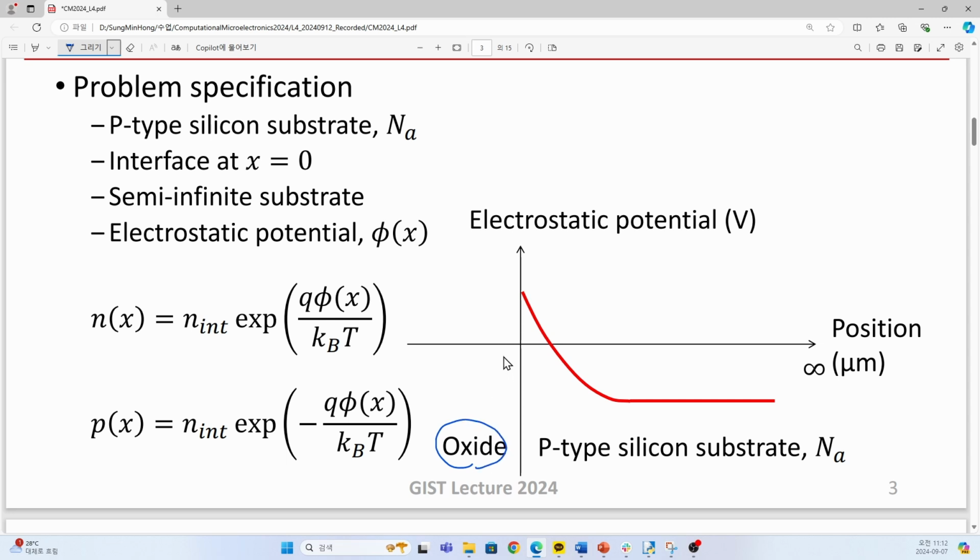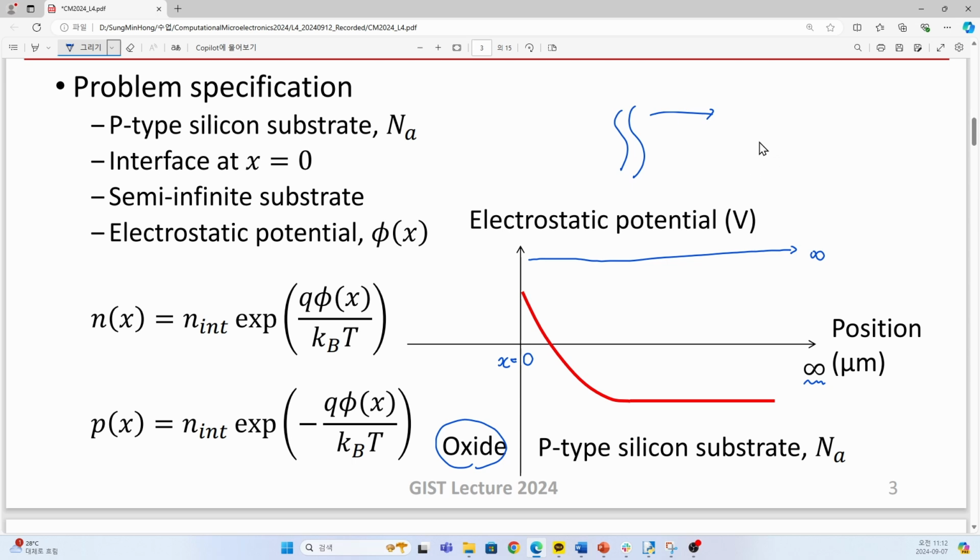Anyway, the interface between oxide and silicon is located at a position of x equal to 0, and p-type silicon is semi-infinitely long, so it goes to positive infinity, and beyond a certain position, everything is just homogeneous.